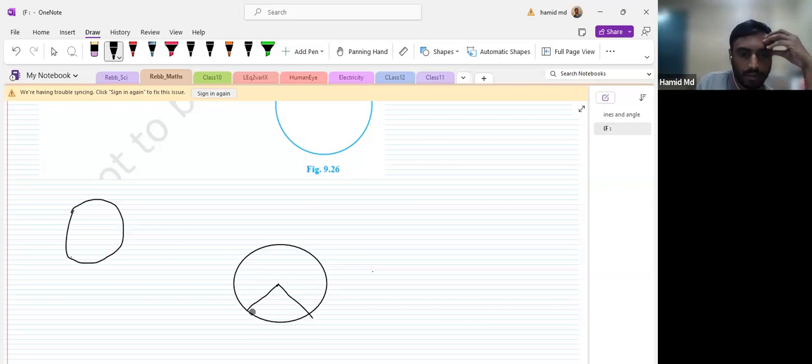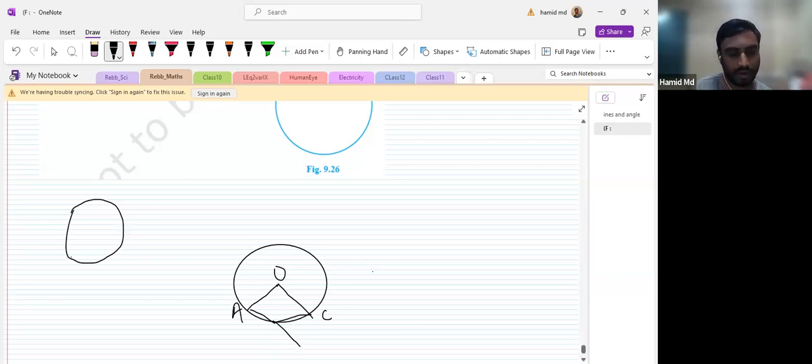This is OC. Drawing on paper is totally different from drawing on a screen. And this is B. I'll use an eraser, but I'm afraid the whole circle will be erased. Just that line only. That's the C, right? And this is B.